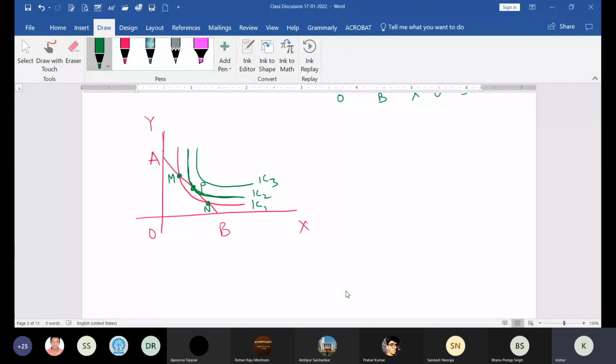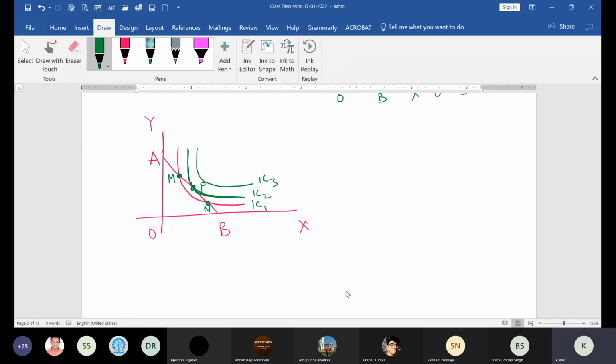Here you see, if you purchase at M, N or P, all are on the budget line, so the budget is fully utilized, and that is your basic objective, to spend money on X and Y fully, not to save money, because that money is assigned for X and Y only. Now you purchase at P because P is on a higher indifference curve, which means higher utility. So by default you will look for P.